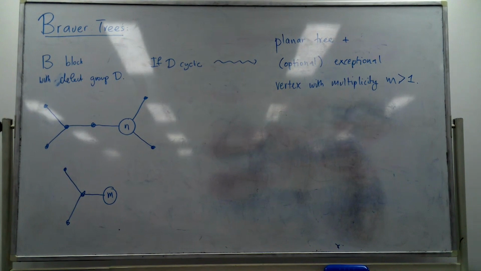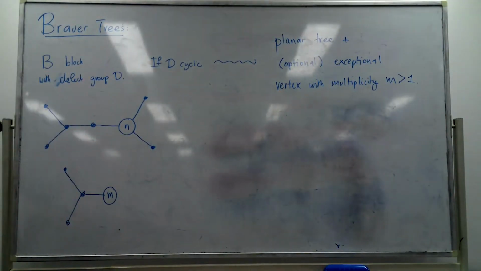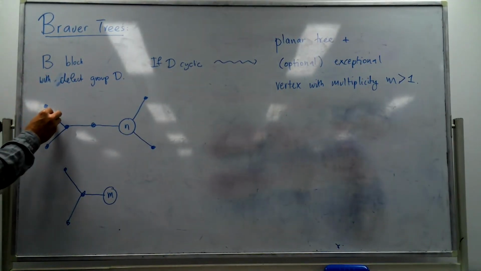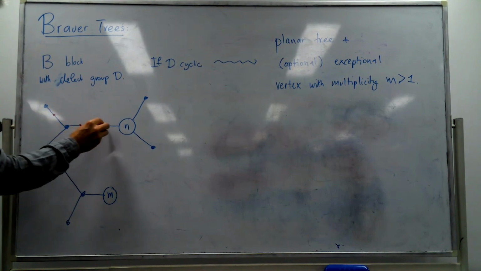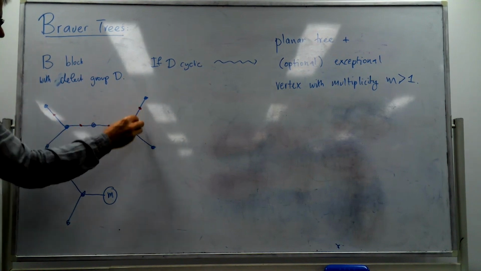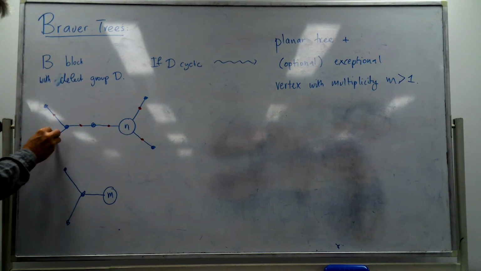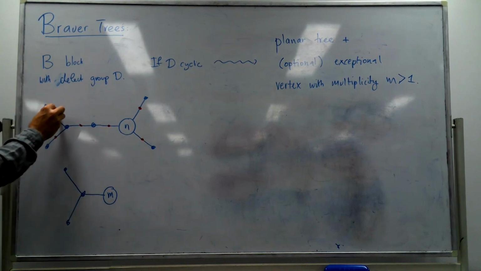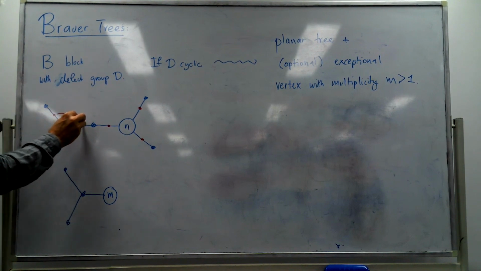So we associate to this a quiver, and I'm going to draw the quiver in a different color, on top of this graph. We take one vertex for every edge. And then we draw clockwise arrows.